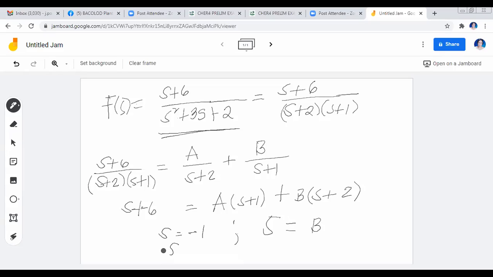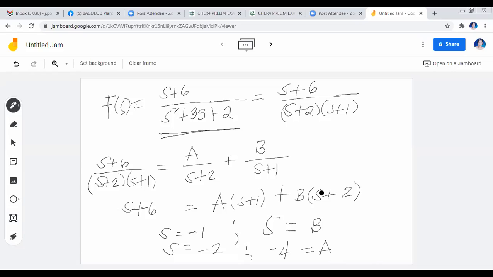If you set s equal to negative 2, the left side would be 4, and this one would be 0. Negative 2 plus 1 is negative 1. So then A must be negative 4.